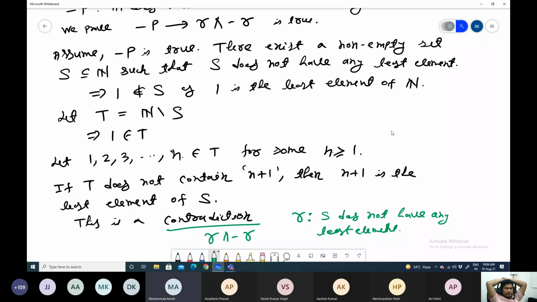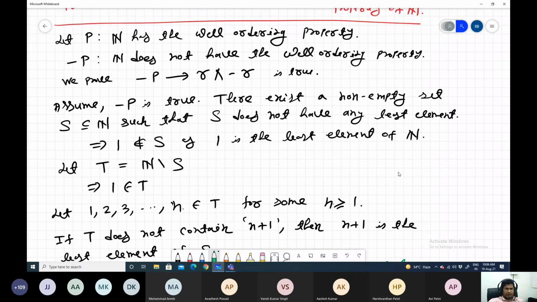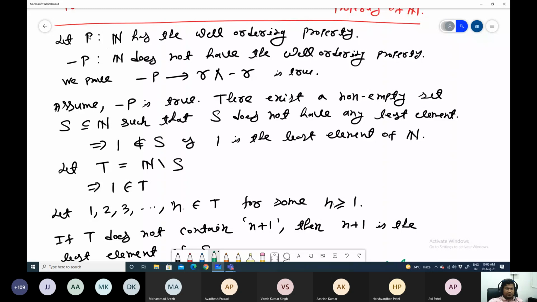Sir, we can prove that S will be an empty set, and initially we assumed that S is non-empty, so that will become a contradiction. Right, we should not start with this one. No, that is fine. I actually wanted to prove it in that way, but here I use this one. Now I want to justify myself.